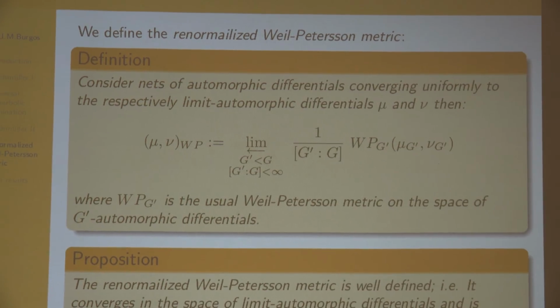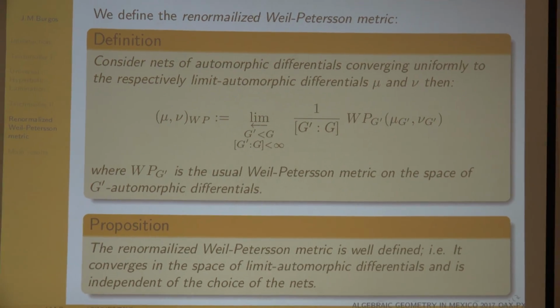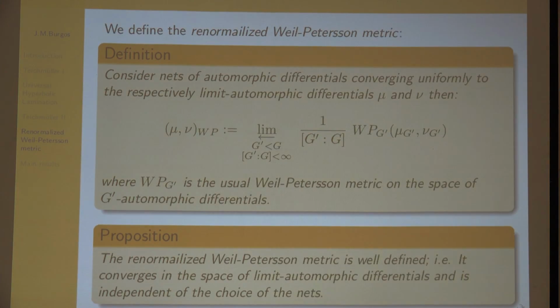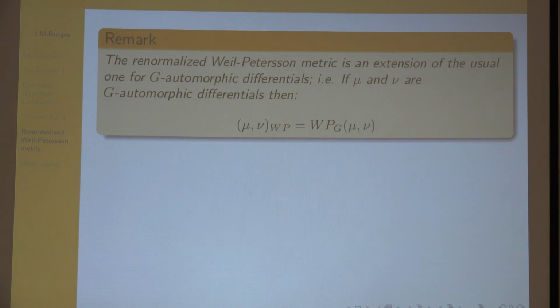And well, theorem, it is well defined. It doesn't depend on the chosen automorphic nets, and it converges for every pair of limit automorphic differentials. So now we have a good degenerate metric in L infinity and a well-defined metric in the Teichmuller space. Of course, it has the same problems as in the classical case. It is not a complete metric, but it is complete in the convex sense.